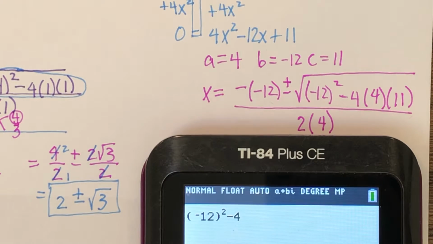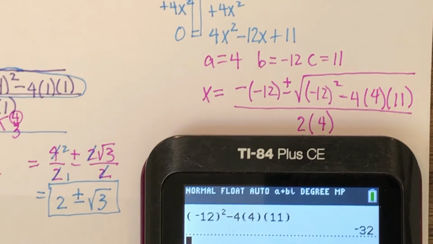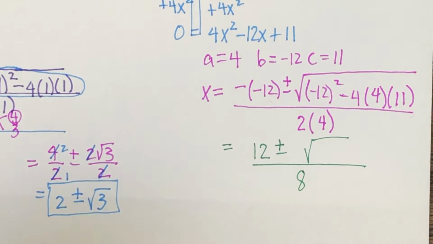Make sure you use the minus sign, not the negative. So minus 4 times 4 times 11. Okay, so under the radical is negative 32.